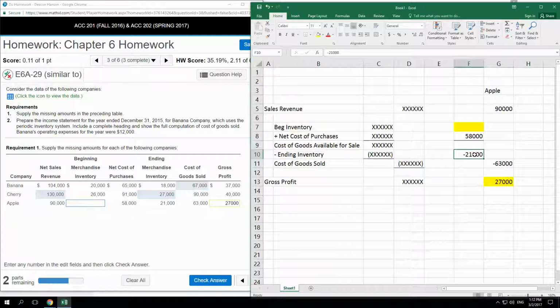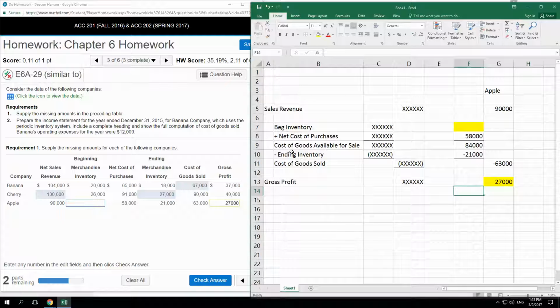So really, our cost of goods available for sale would be the cost of goods sold plus the ending inventory. If I add 21,000 and 63,000, I will have 84,000.